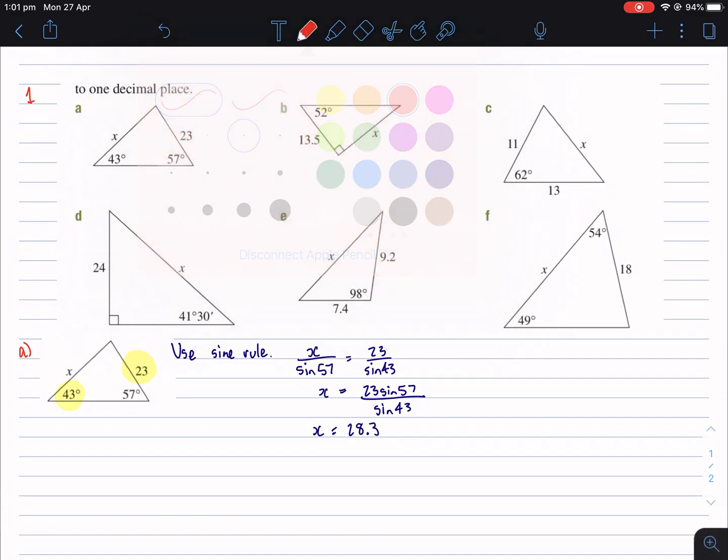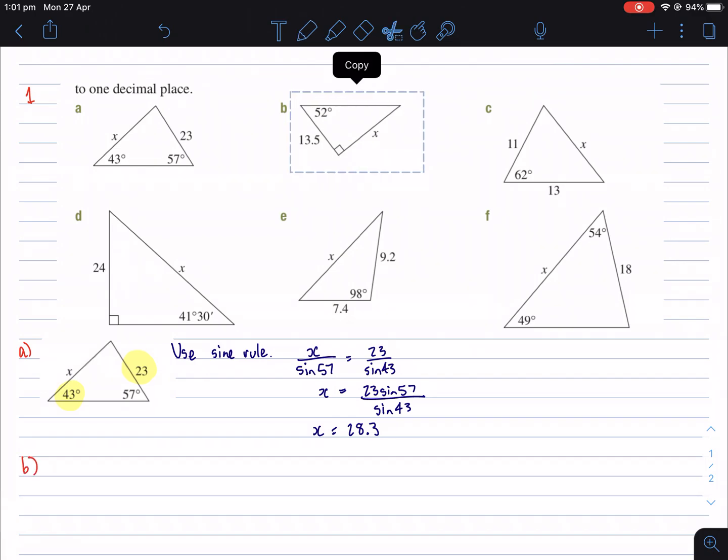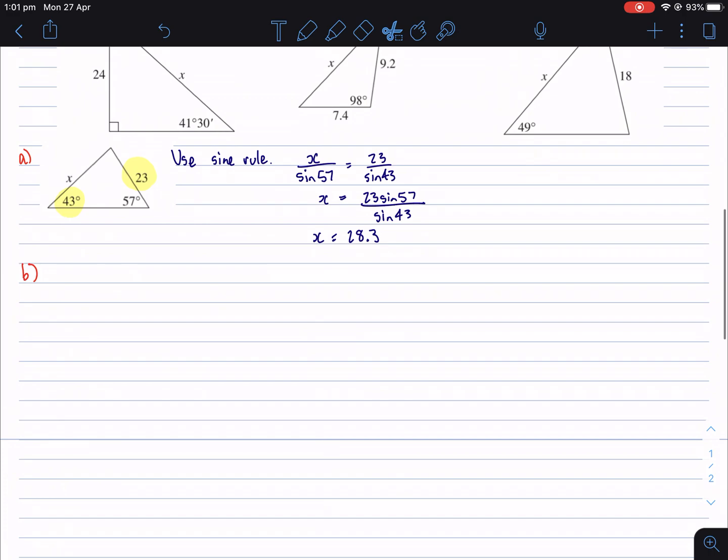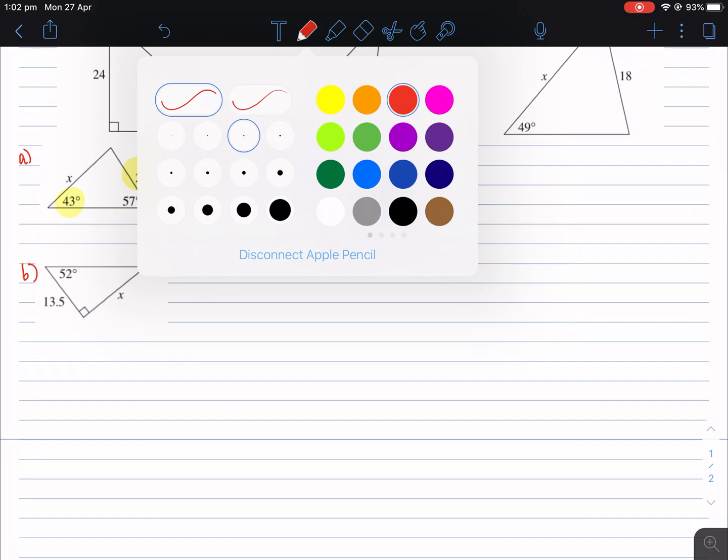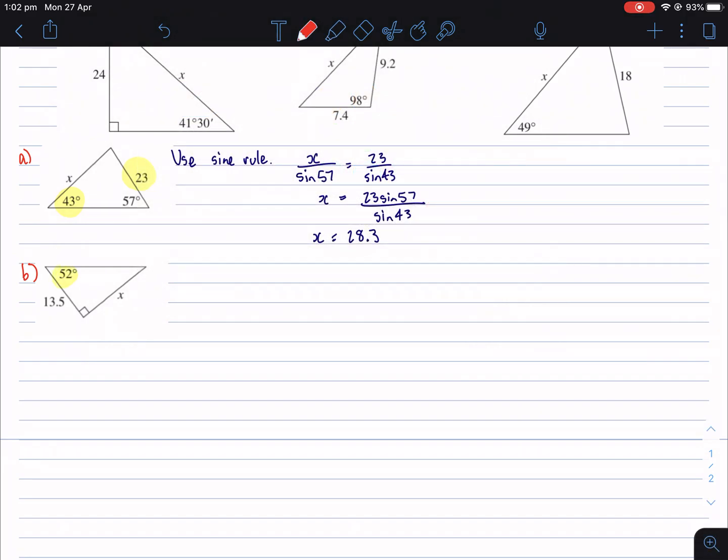All right, let's have a look at question B. Well, this is very obviously a right angle triangle, and it also very obviously includes an angle. So we're going to use SOHCAHTOA.